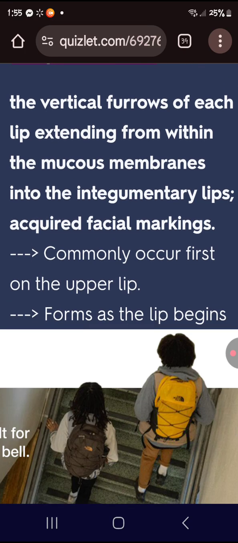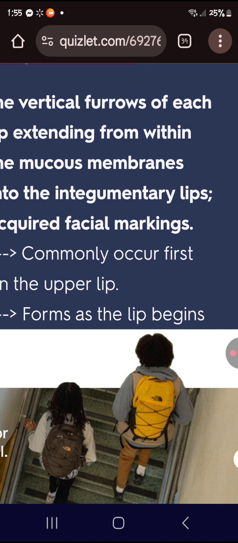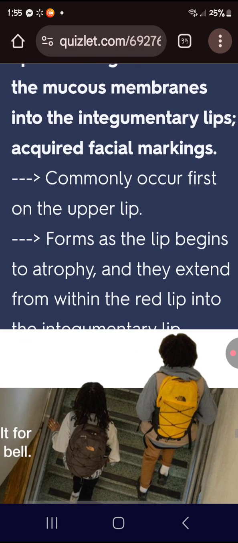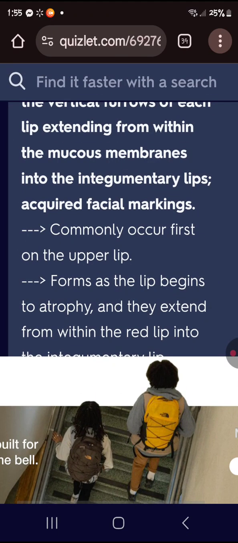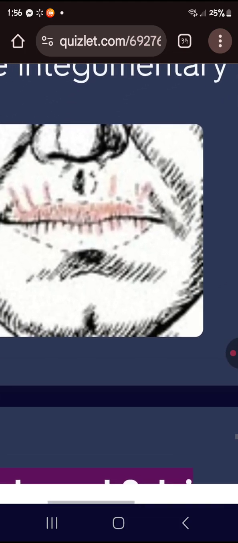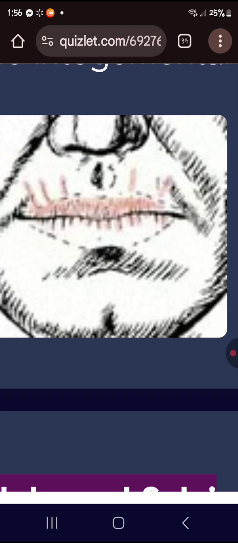The vertical furrows of each lip extending from within the mucous membranes into the integumentary lips commonly occur first on the upper lip. These form as the lip begins to atrophy, and they extend from within the red lip into the integumentary lip. So we've all seen this on some old people. Jamie Lee Curtis has got this going on, unfortunately.